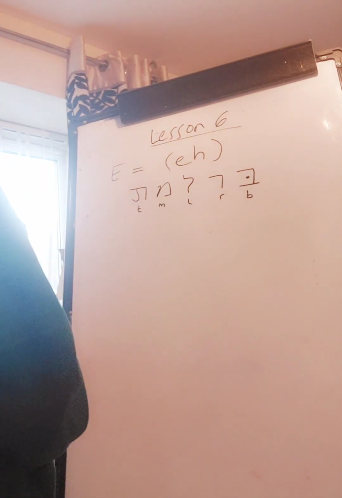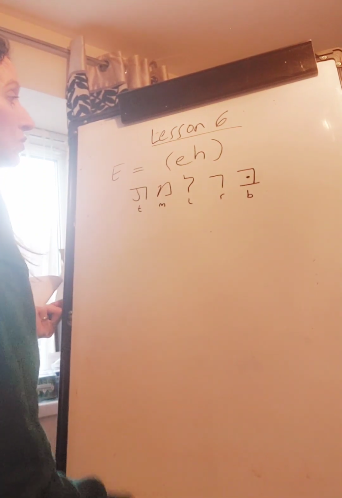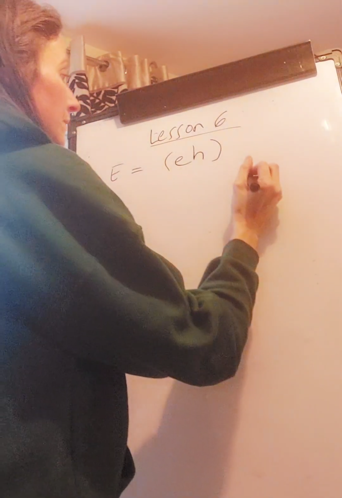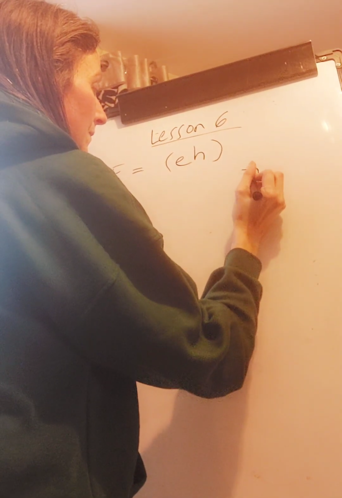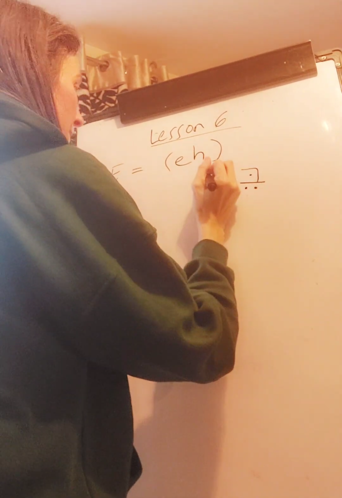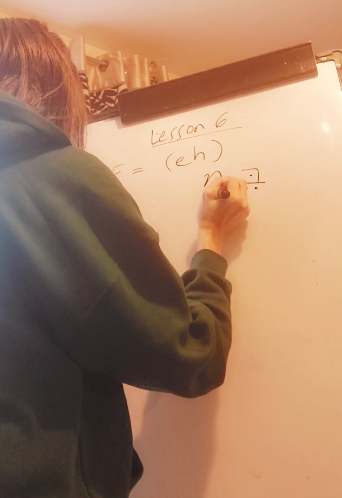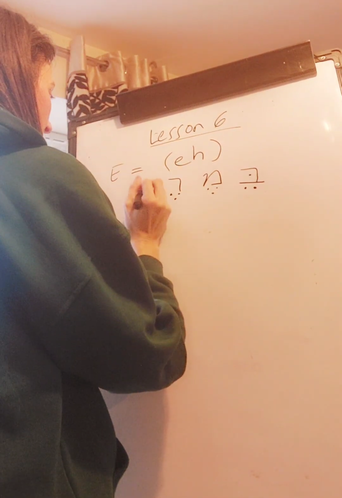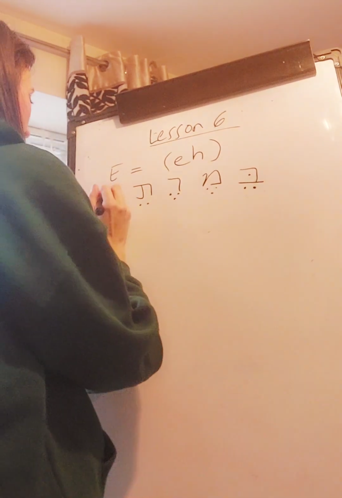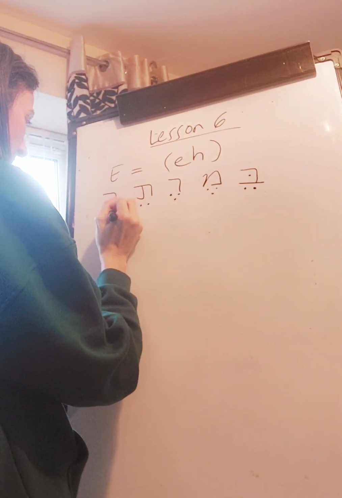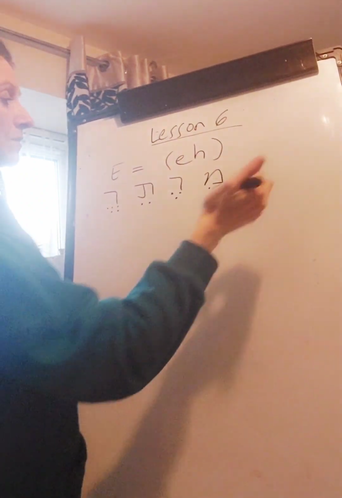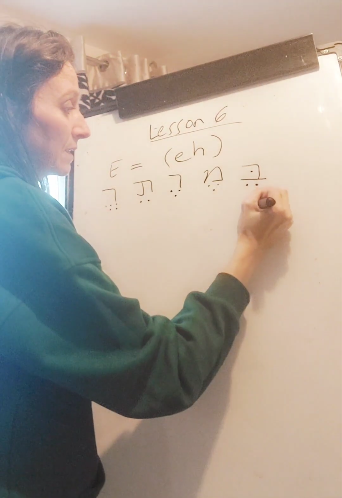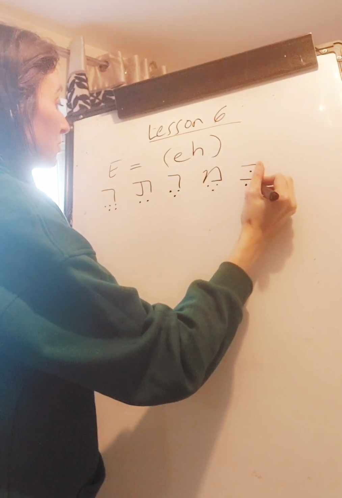Right, so now we're going to have a go reading the following sounds using the E vowel. Okay, so letter first, consonant B, sound is ba. The 2 dots is the E vowel, which is the air sound.